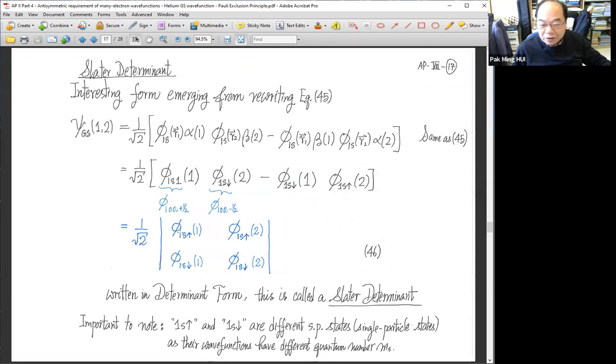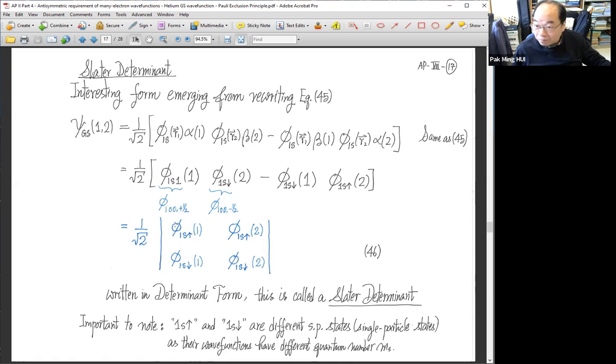I have two possible single particle states when I include spin in the label: one is 1s up, one is 1s down. So I have 1s up horizontally in a row, and then 1s down horizontally in a row. But I have two electrons, thereby there are two sets of coordinates we call 1 and 2. So I can just fill in 1, 2, and 1, 2 here.